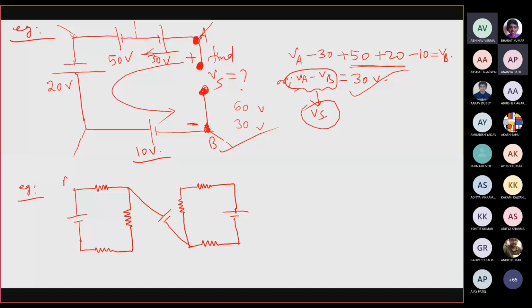Suppose this is A, B, C, D. This is of 20 volt, 9 ohm, 5 ohm, 6 ohm. This voltage is suppose 5 ohm. This is E, F, G, H. 7 ohm, 40 volt, 8 ohm. Right. So here, let us find out the value of.